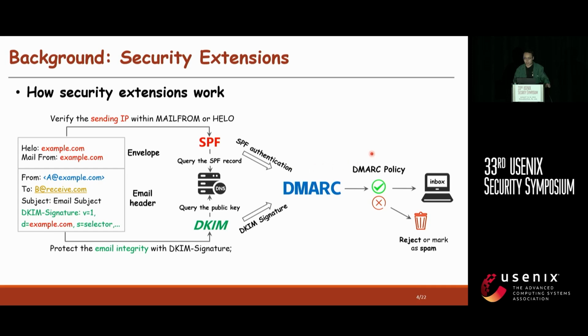DMARC is built on SPF and DKIM, verifying the consistency between the MIME-FROM field and the address authenticated by SPF and DKIM. It seems that these security extensions can cover lots of aspects of the source authentication of emails. However, the problem is they are not designed for the delegation mechanisms of the email.